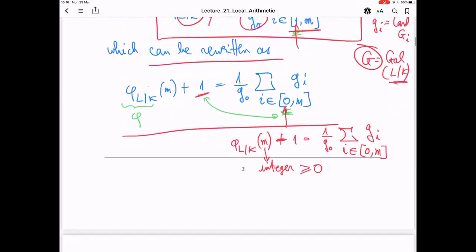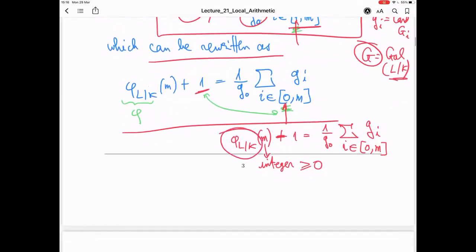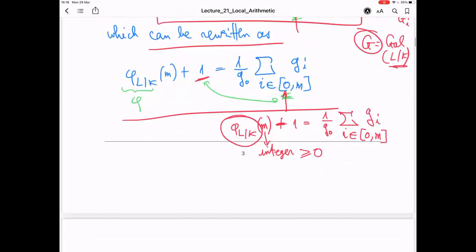That's it. That's how this function phi L over K is defined.